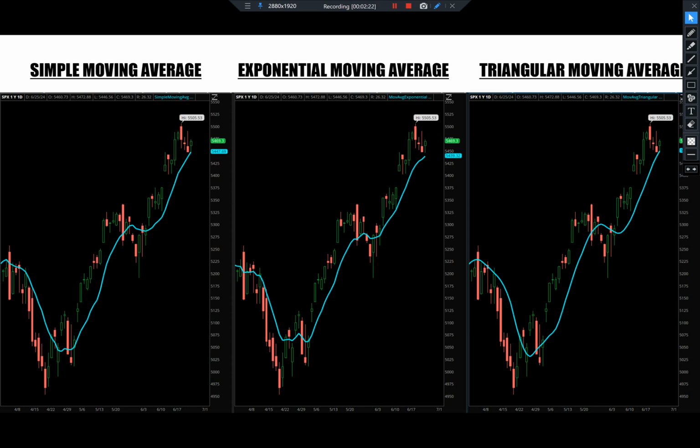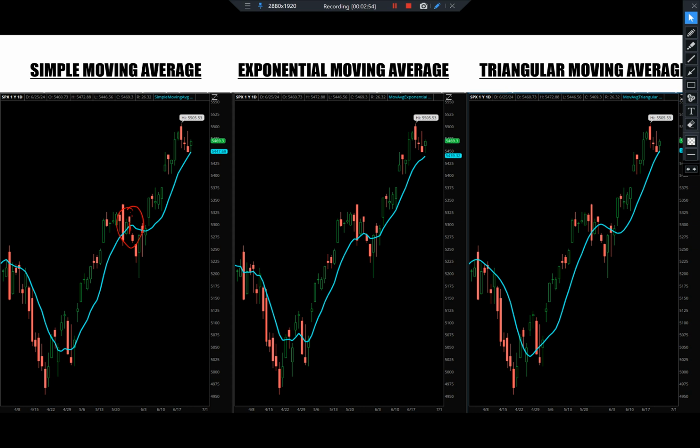You can see that the simple moving average, on certain points, doesn't hold that well. For example, let's look at this particular point here. This candle is on the S&P 500, and this line actually breaks the moving average.